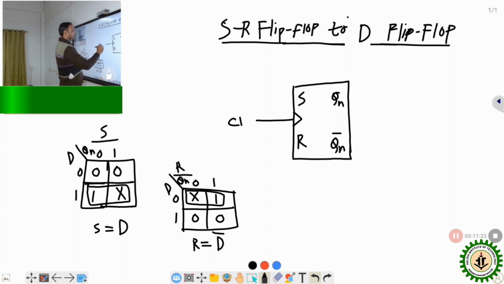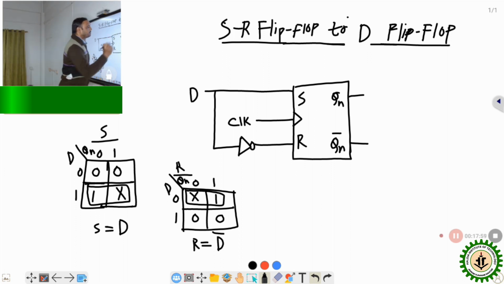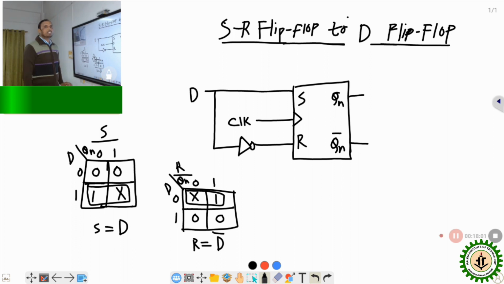This is clock. So S equals to D. It is D. And R equals to D bar. So it is D bar. Now this is the conversion circuit from SR flip-flop to D flip-flop. So if we have one SR flip-flop, we can convert that SR flip-flop to D flip-flop with the help of this conversion process.